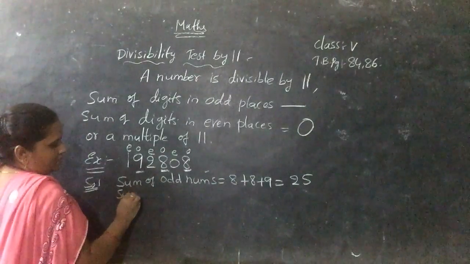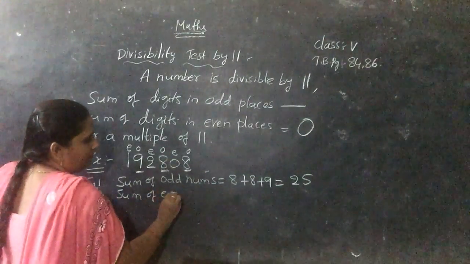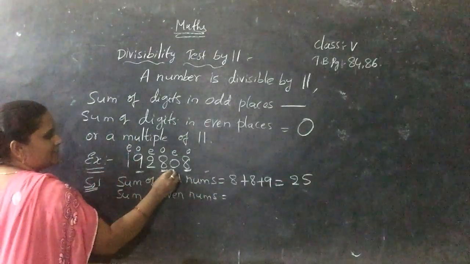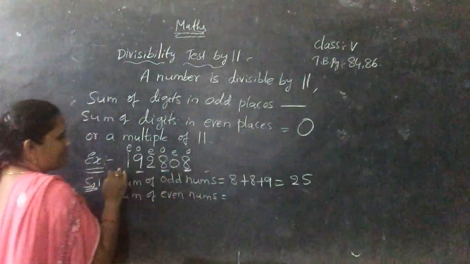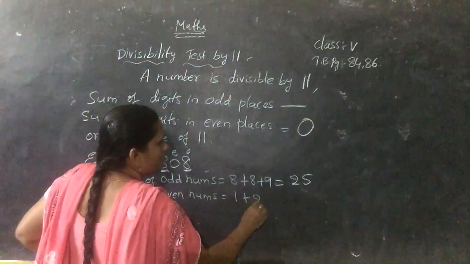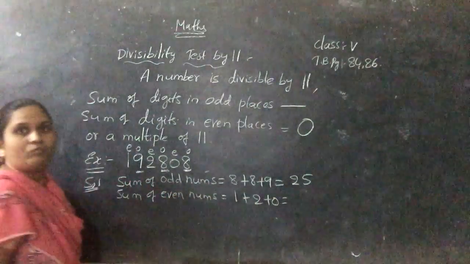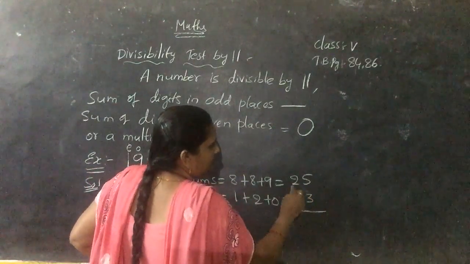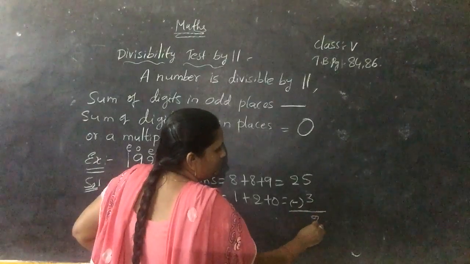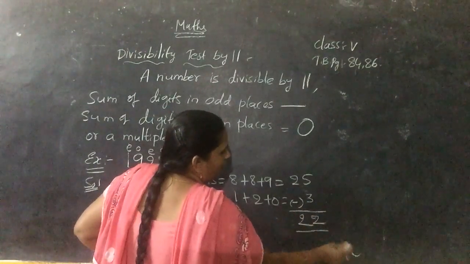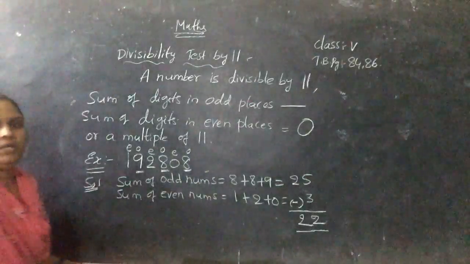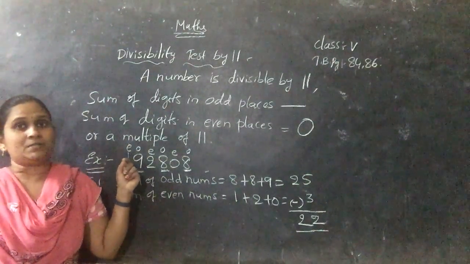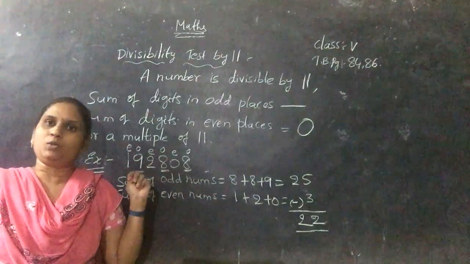Next, sum of even places is equal to, the even place digits are 0, 1, 2. So 1 plus 2 plus 0. What is the answer? 3 is the answer. Do the subtraction. 25 minus 3 is equal to 22. What is the difference we got children? 22. Is 22 a multiple of 11 or not? Yes. How many times? 2 times. In the 11 table, 22 divides 2 times, isn't it?